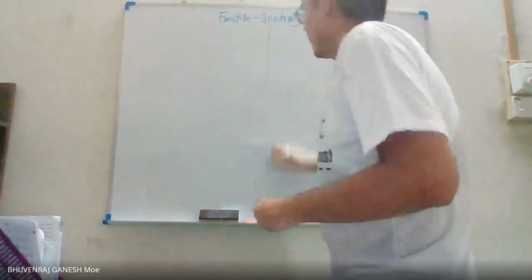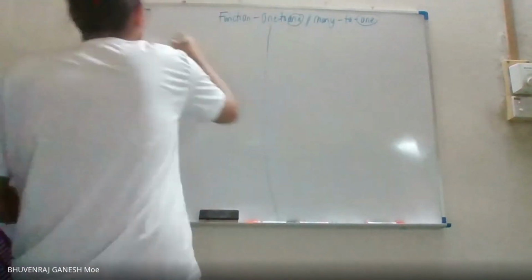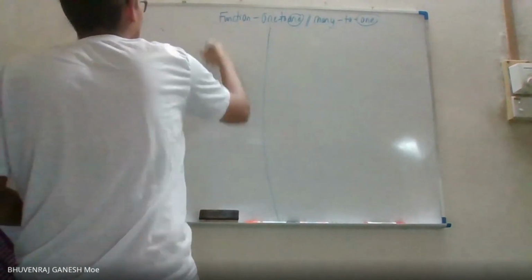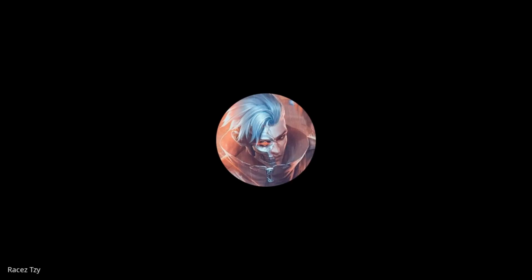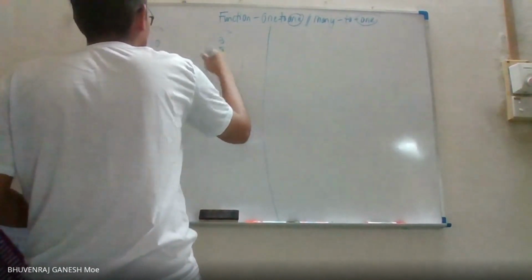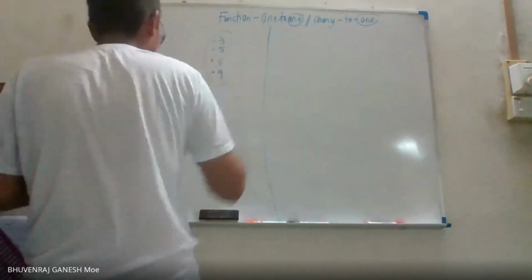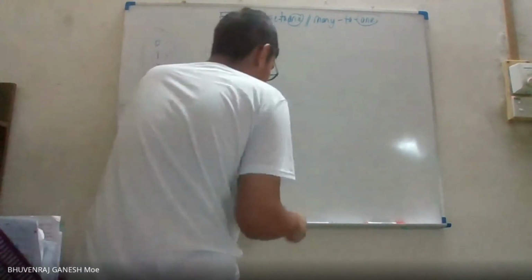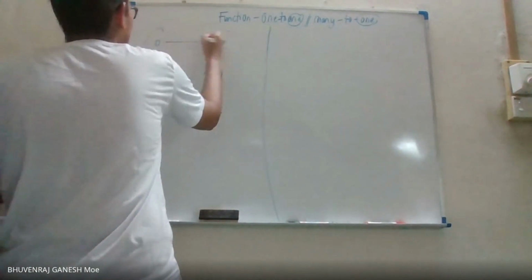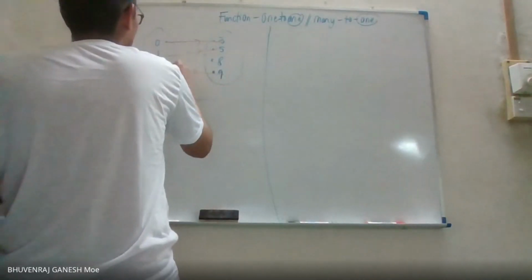Divide into 4. So now we identify all the 4 types of functions based on this arrow diagram. It's random: 3, 5, 8, 9. So let's say I want to match this one here, here, here, and here.